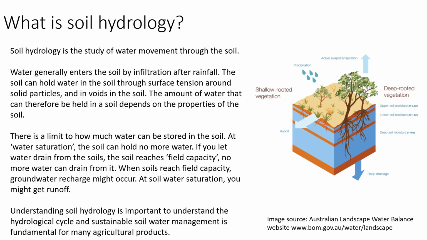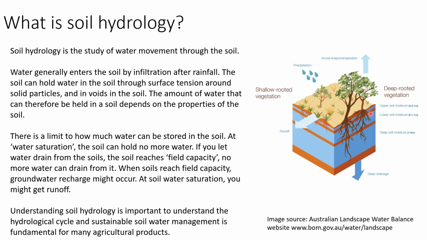But for agriculture and irrigation, it is so important that the Bureau of Meteorology runs this Australian water landscape model. That's the example shown on the right-hand side. And you can see all the components of the model that are needed to understand soil hydrology. You need to understand the precipitation coming in, the loss by evapotranspiration.